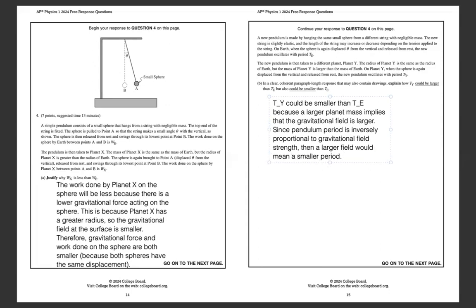Okay, I think I actually figured out what the second reason should be. However, and I'm just going to talk about it as I write. However, Ty could instead be larger than Te, because since the string is elastic, the sphere would be closer to the center of planet Y. Actually, wait, no, that doesn't work, does it?